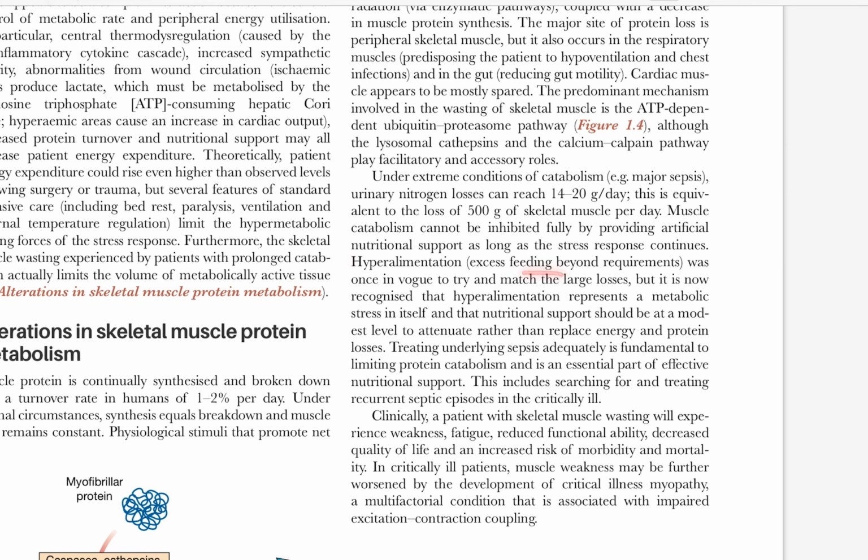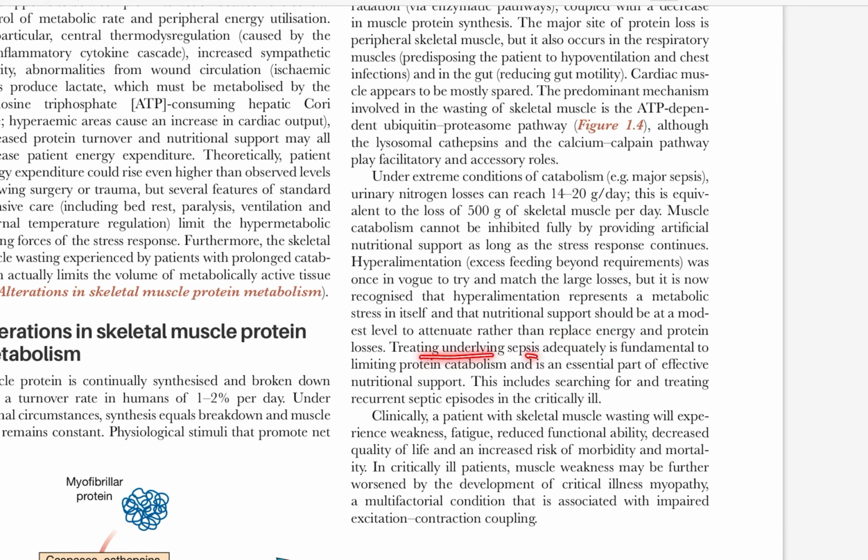Hyperalimentation, that is excess feeding beyond requirements, was once in vogue to try and match the large losses, but it is now recognized that the hyperalimentation response represents a metabolic stress in itself, and metabolic support should be at a modest level to attenuate rather than replace energy and protein loss.